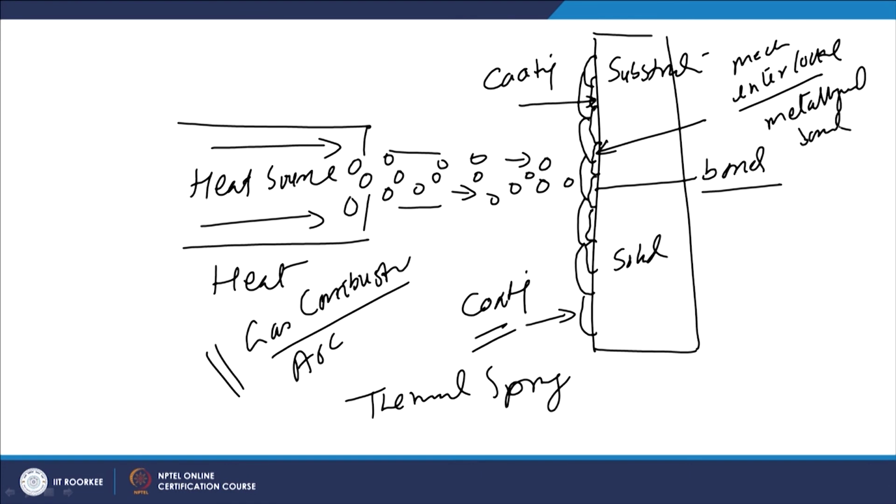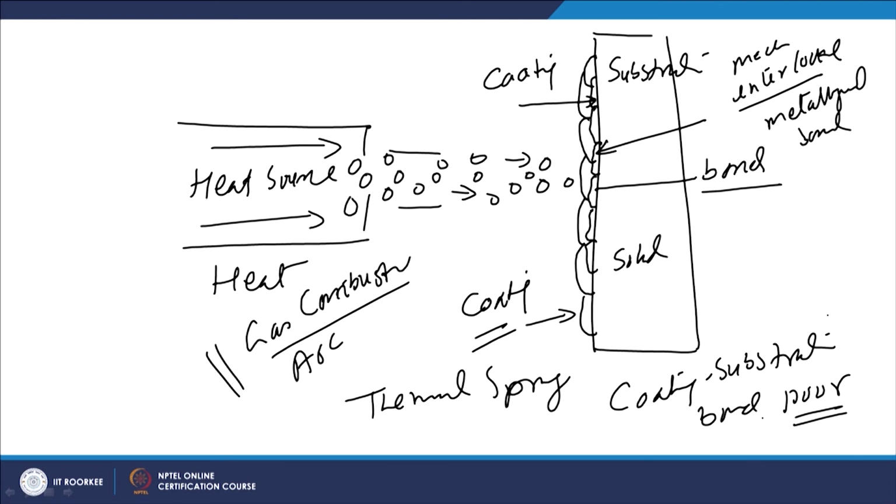But the bond between the coating and the substrate, in this particular case, is somewhat poor. So, bonding becomes one important parameter with regard to the performance of such coatings. If the bond is poor, then there will be a tendency for separation or removal of coatings from the substrates.